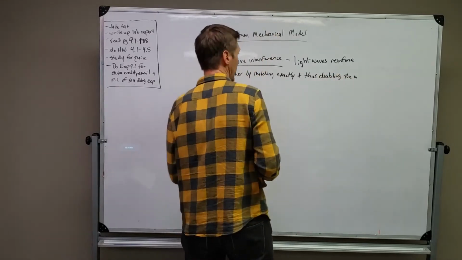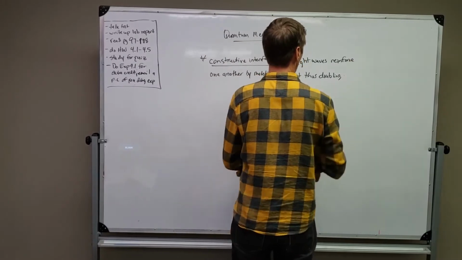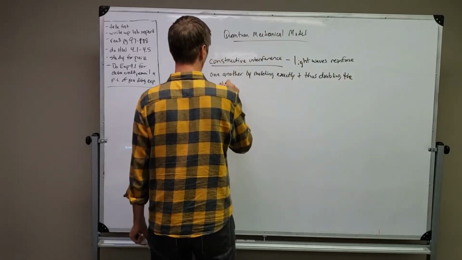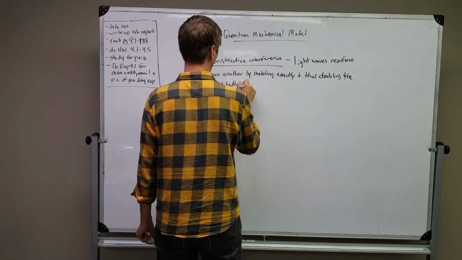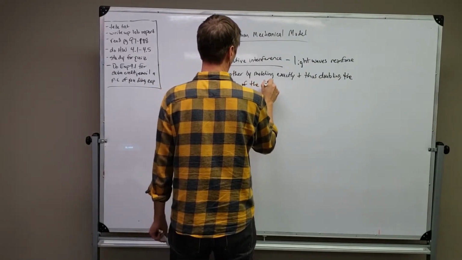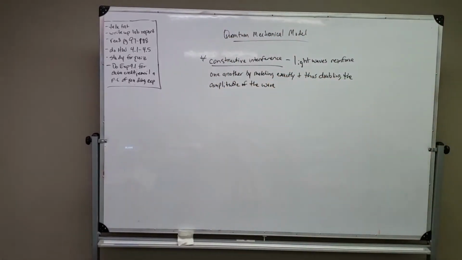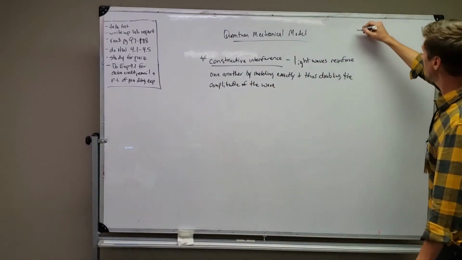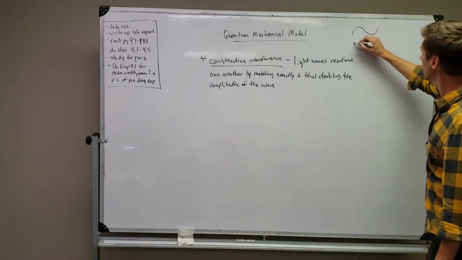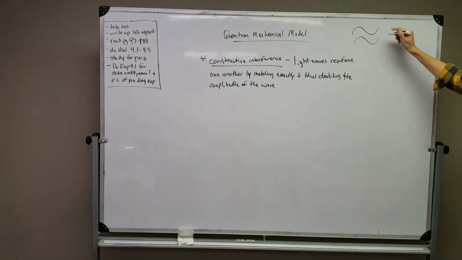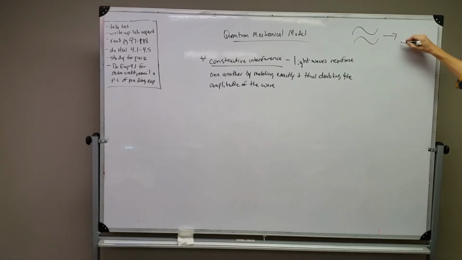It actually doubles the amplitude. So what would happen when you had this constructive interference is that you would have two light waves like this here, and because they're exactly the same light waves, they would combine together to produce another light wave that's twice the amplitude of the two previous ones.